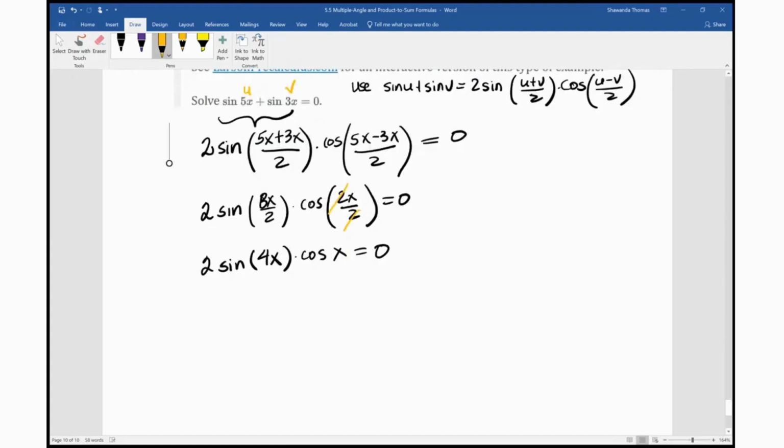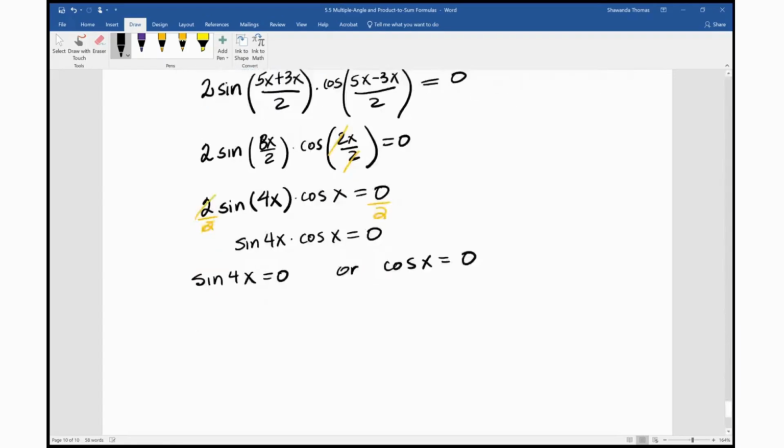If we want to go ahead and divide by 2, get rid of that. That's fine. We have sine of 4x times cosine x equals 0. It's in factored form, so at this point we're going to set each factor to 0: sine of 4x equals 0 and cosine of x equals 0.